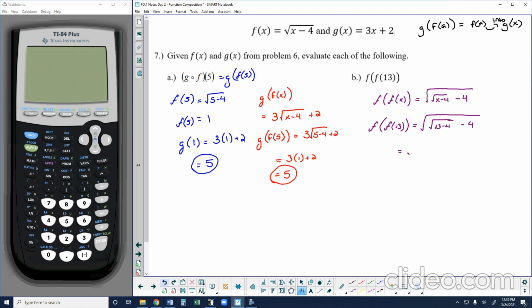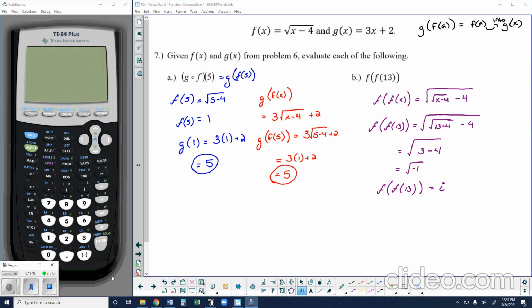So what this would give me would be 13 minus 4 within a root, which is 9, and the square root of 9 is 3. So 3 minus 4. And 3 minus 4 is negative 1, and we know that the root of negative 1 is i. So if we wanted to find the exact value, that exact output would be i. Now if you were graphing, this value would be undefined. But for our purposes, i would be the correct solution here as an output to the given input.